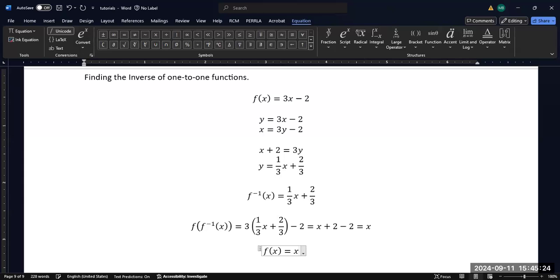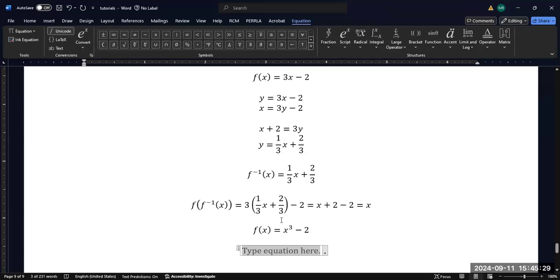Another easy example would be something like a cubic function. As long as it doesn't have a bunch of extra x and x squared terms, then you can do this also very easily. Find the inverse.